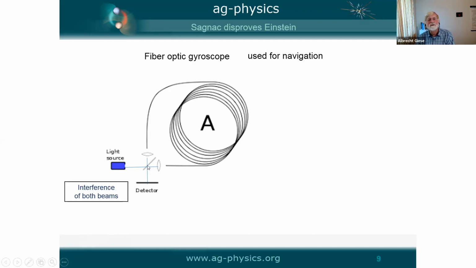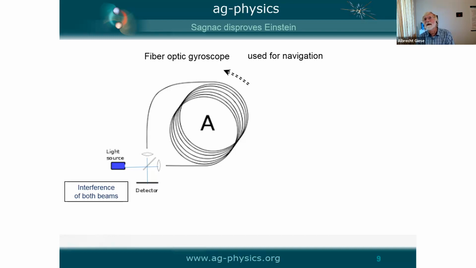Here, the light beam goes through the beam divider this way and arrives at the detector, and the other one is reflected, also goes the other way around, and also ends up at the detector. And that is, again, very sensitive to a rotation of the whole apparatus, and can be used to measure or to detect rotations, which is very essential for navigation systems.